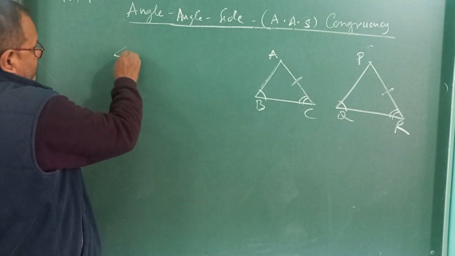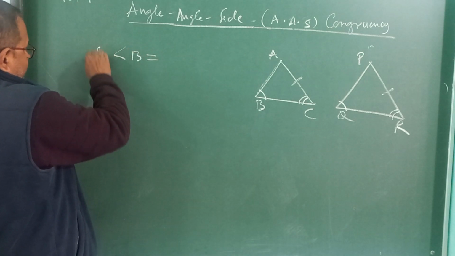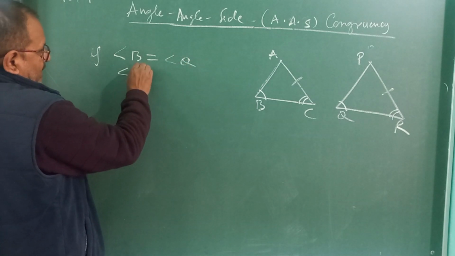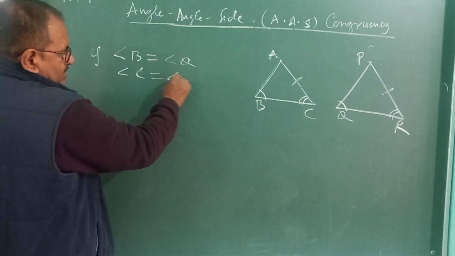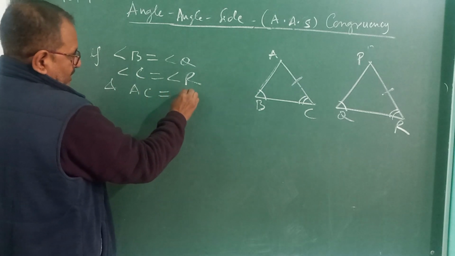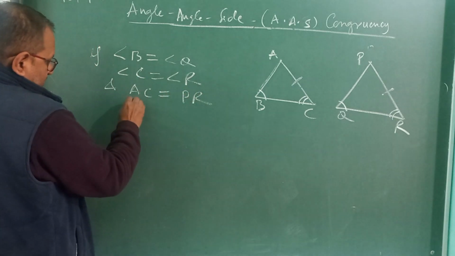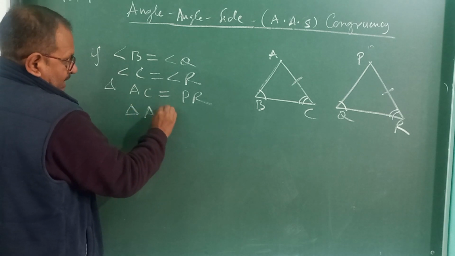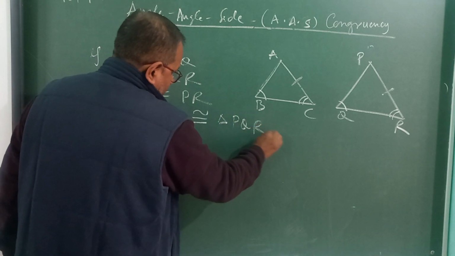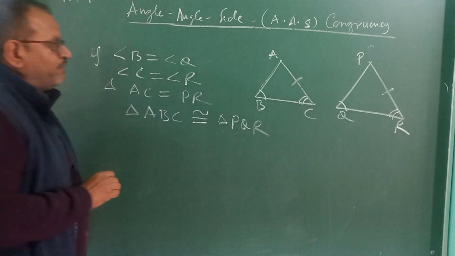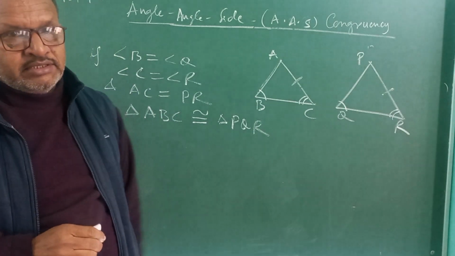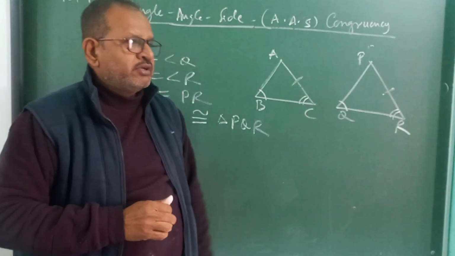We can write it like this: if angle B is equal to angle Q, angle C is equal to angle R and side AC is equal to PR, then triangle ABC is congruent to triangle PQR by the angle angle side rule of congruency.